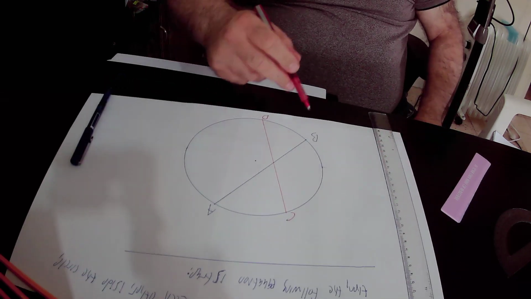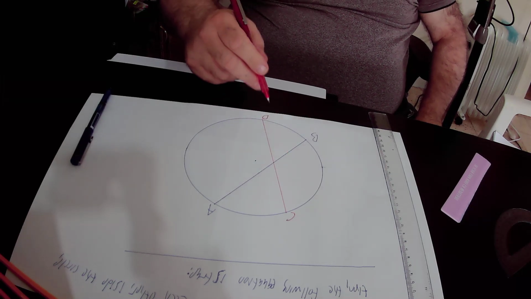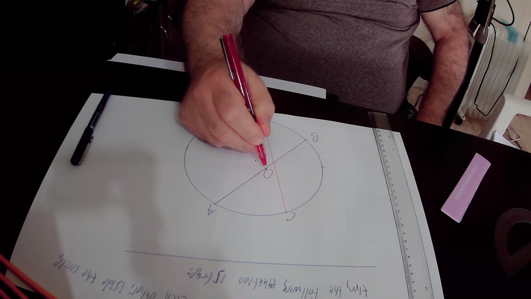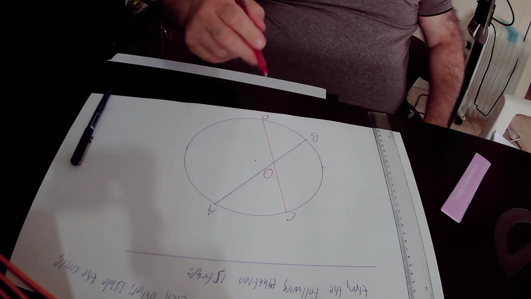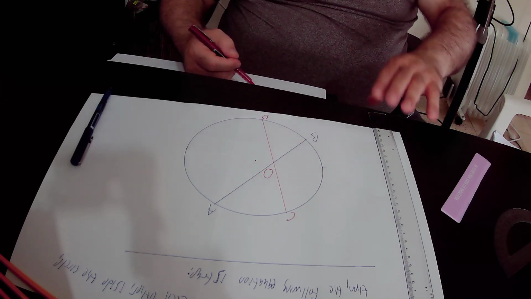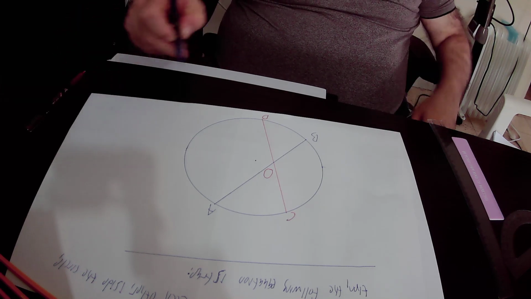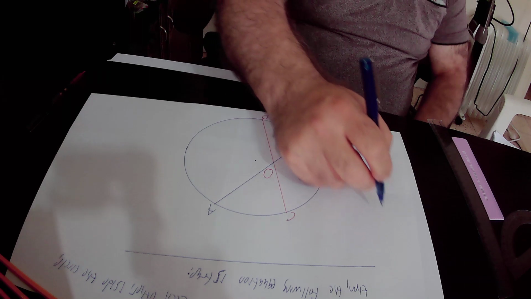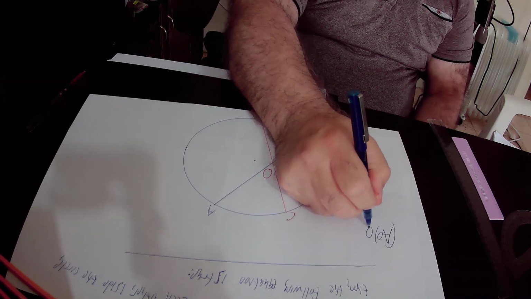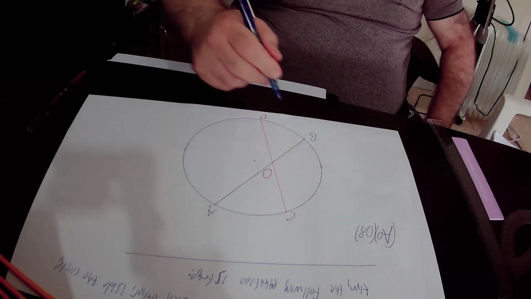So chord AB intersects with the red chord CD at point O. We will define the intersection point as point O. I repeat again, chord AB intersects with chord CD at point O, then the following equation is true: AO times OB equals CO times OD.